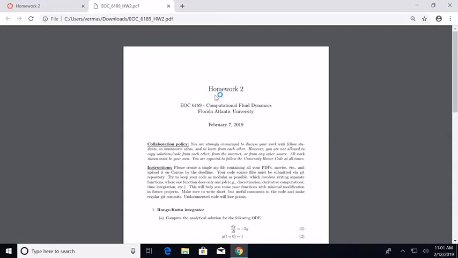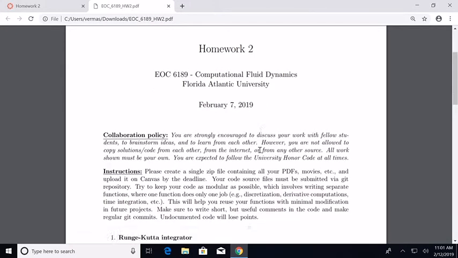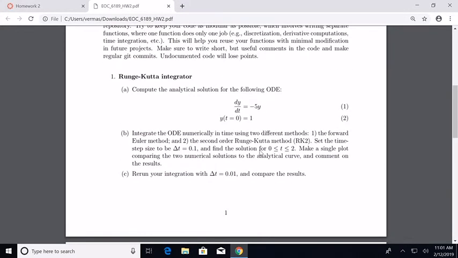All right, I guess we will start. The first thing is I've put up homework 2 online last week, and it's a bit more difficult than what you have been doing up until now. The first problem is relatively easy.